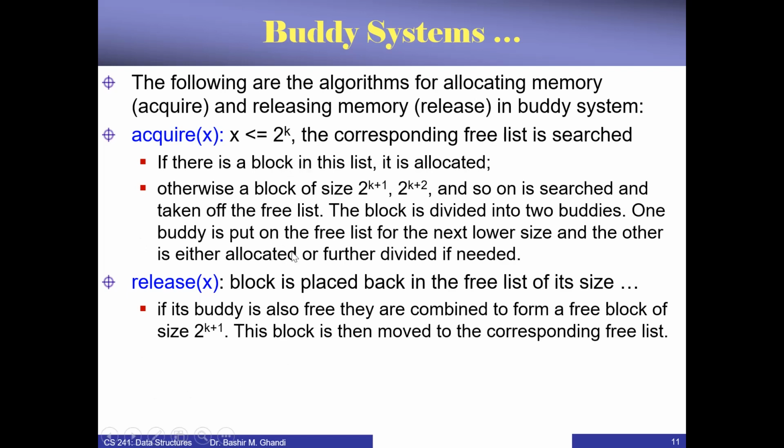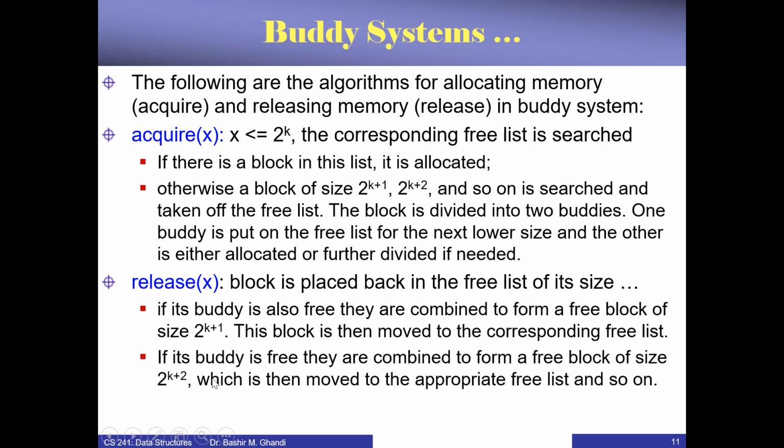The process is repeated until either we form a block that is the entire size of the heap, or until we meet a situation where the buddy is not yet available. Okay, the buddy is not yet available, so just put this one until that one returns, then the combination can be done. Yeah, so this is the idea.